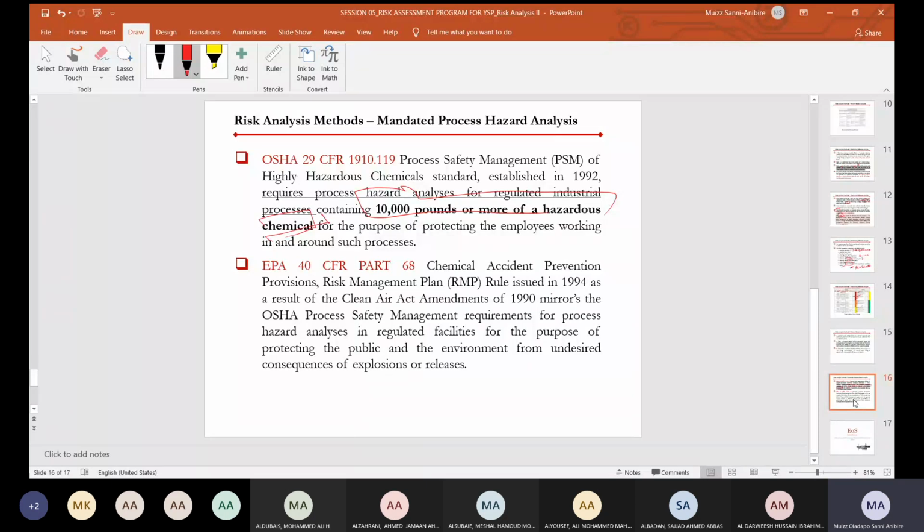All right, when you have 10,000 pounds or more of hazardous chemicals, you have to inform OSHA, for example. All right. Also, you have to inform the community where you are living. There are people living around where your plant is. They need to know what is in this plant. There was a similar accident that happened in the United States at a fertilizer factory.